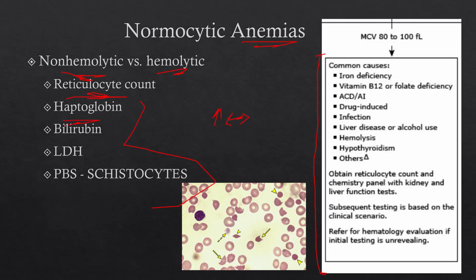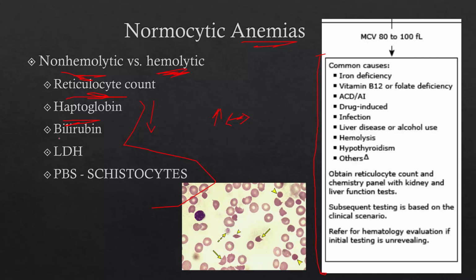What about haptoglobin? Haptoglobin is a protein in the blood that binds to free hemoglobin. Okay, so if your haptoglobin is low, that means you could be hemolyzing. Because if the haptoglobin is low, that means all the haptoglobin in the blood is binding to free hemoglobin, and the only way you have free hemoglobin in the blood is from hemolysis.